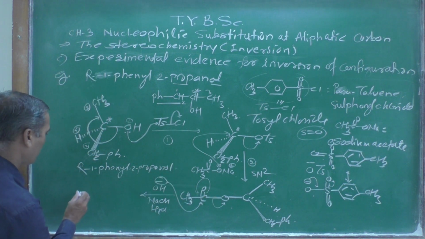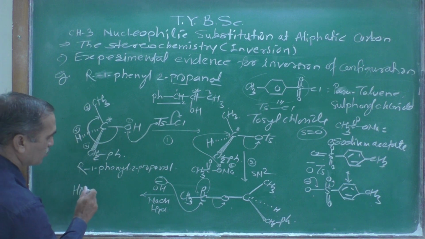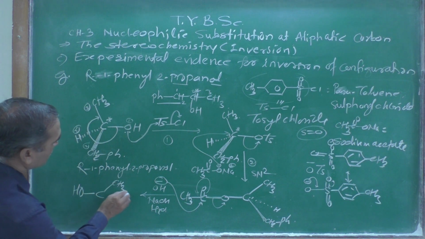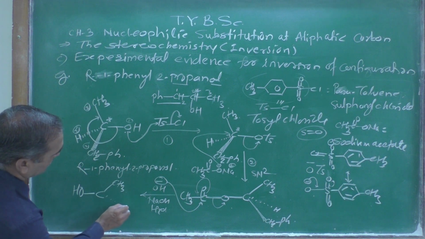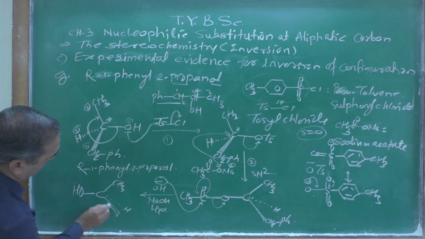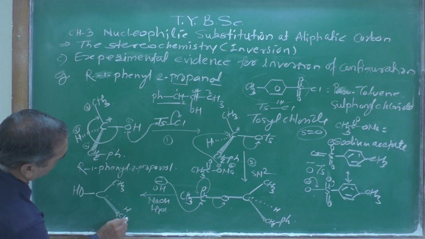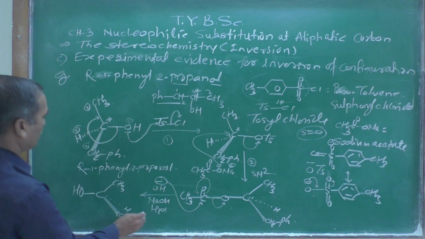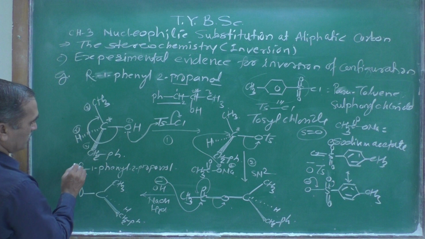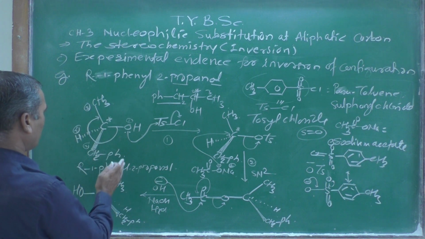The resulting product you are going to get here is HO, then C, this methyl group here, then this hydrogen atom, and this CH2Ph.